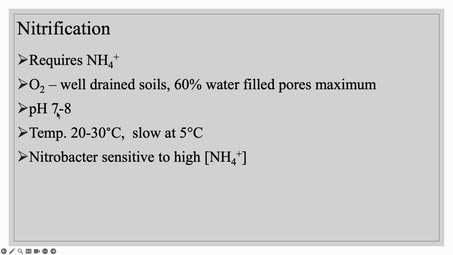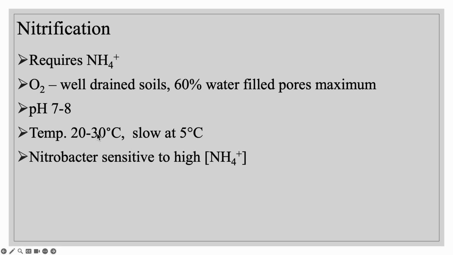And when I talk about pH, we didn't do that in this particular course because you didn't have the chemistry. So when we talk about pH, pH has an influence on the movement or the ability of different microorganisms to perform these metabolic processes.